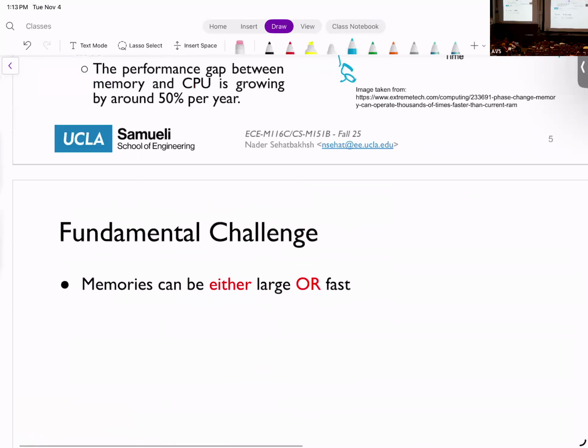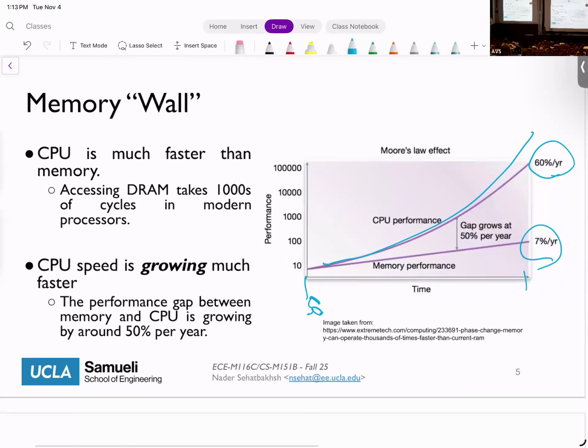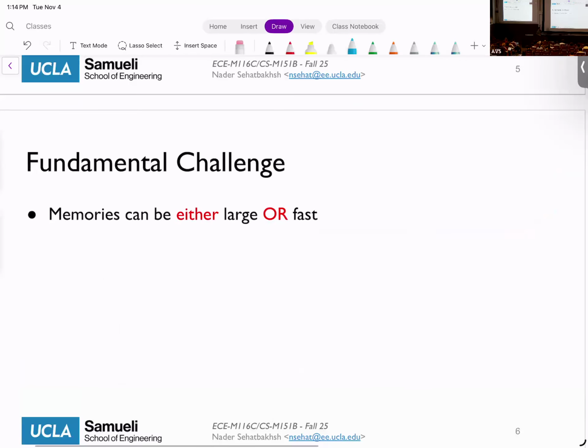Okay? And this is the problem that we don't need to just make the CPU fast. We also need to come up with new architectures, new ideas from the memory side to make both of them fast. Okay?